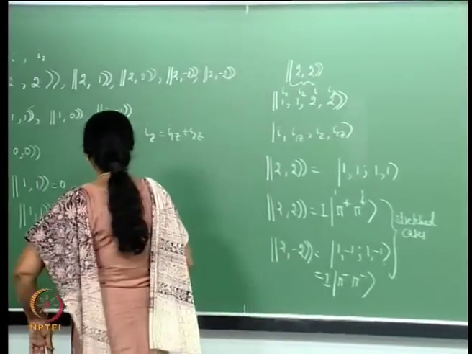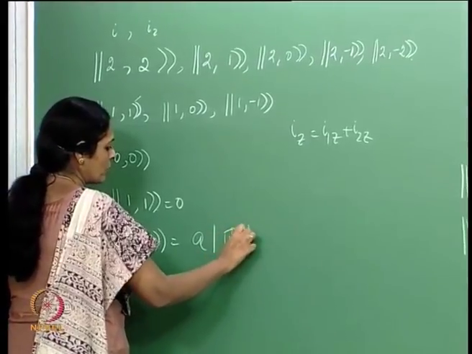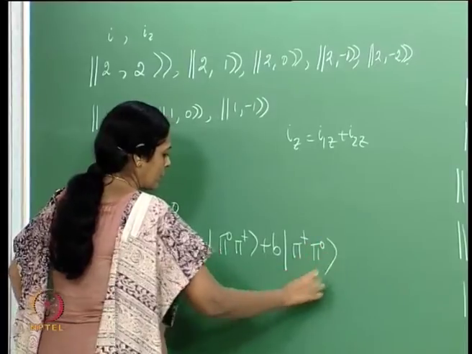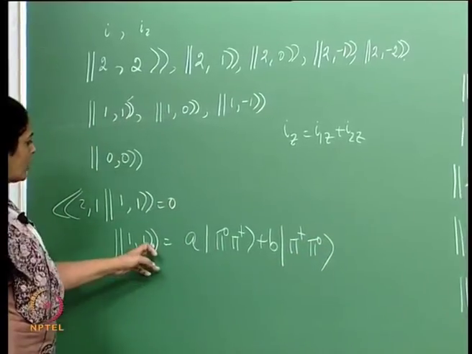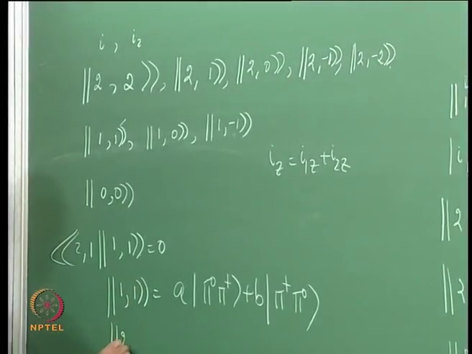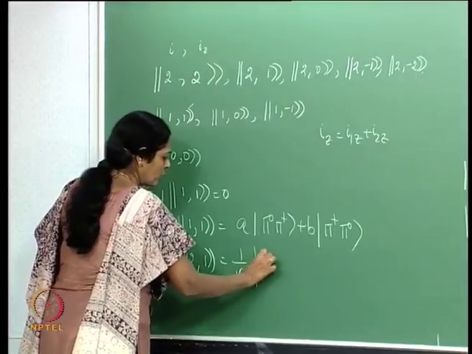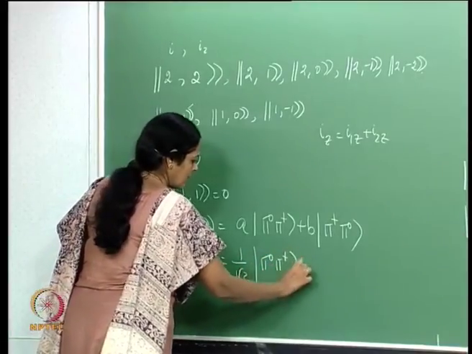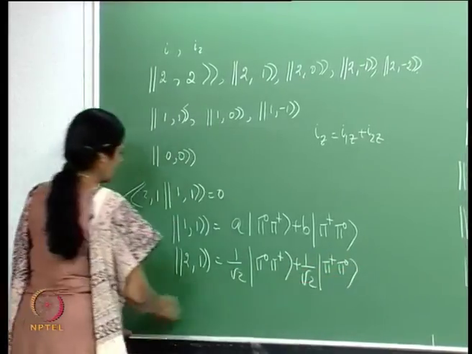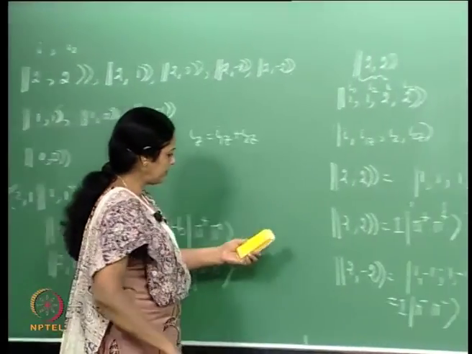So, returning to 1 comma 1, I know that it should be a superposition of pi naught pi plus and pi plus pi naught. These are the only states that can contribute to 1 comma 1, but since I know 2 comma 1 to be the symmetric state 1 by root 2 pi naught pi plus plus 1 by root 2 pi plus pi naught, and I also know that a squared plus b squared is 1.